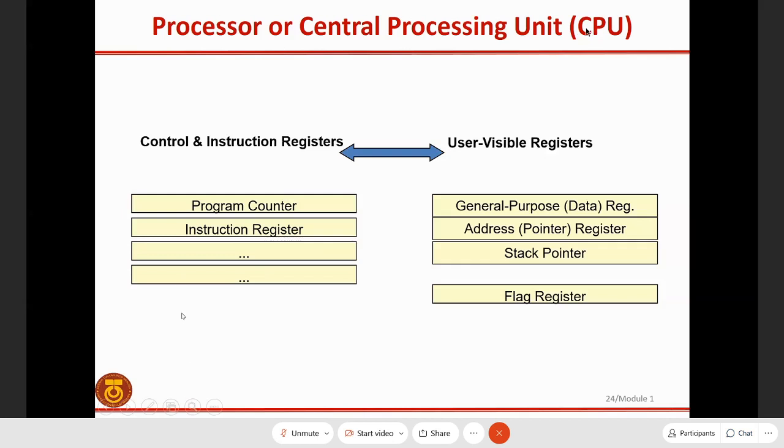What this slide says is that control and instruction registers happen inside the CPU, and you do not have to know what is actually happening. You cannot even see what the instruction register does, what the program counter is, or what its value currently is. You don't have to know that now.